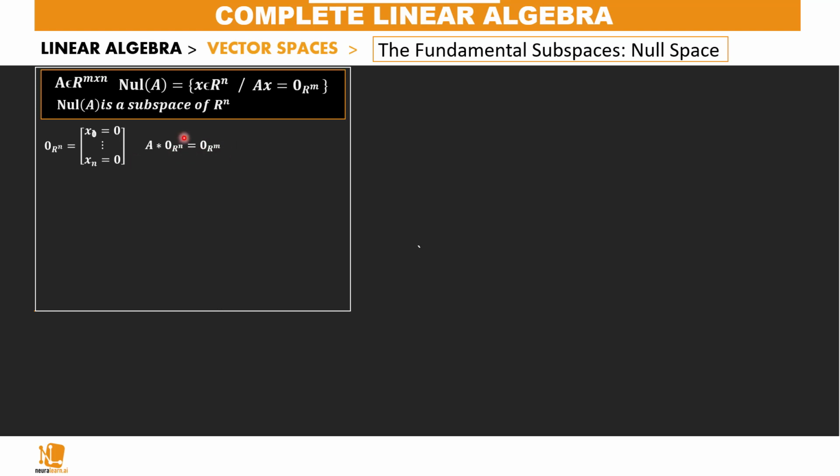Since the zero vector of Rn is made of only zeros, we see that it belongs to the null space of A, wherein A times the zero vector of Rn equals the zero vector of Rm. So we can say that the zero vector of Rn is an element of the null space of A. The first condition is verified.